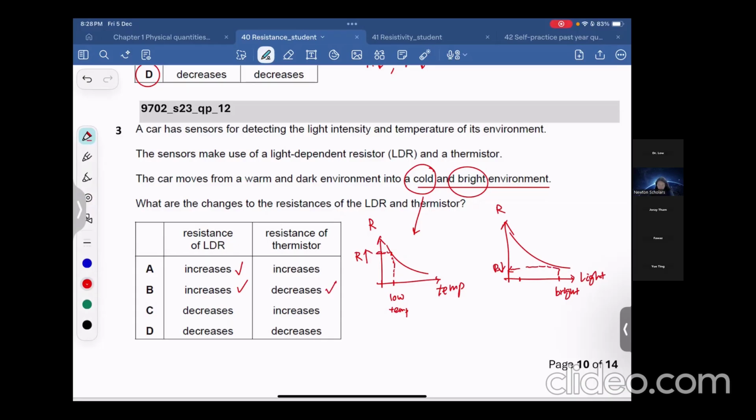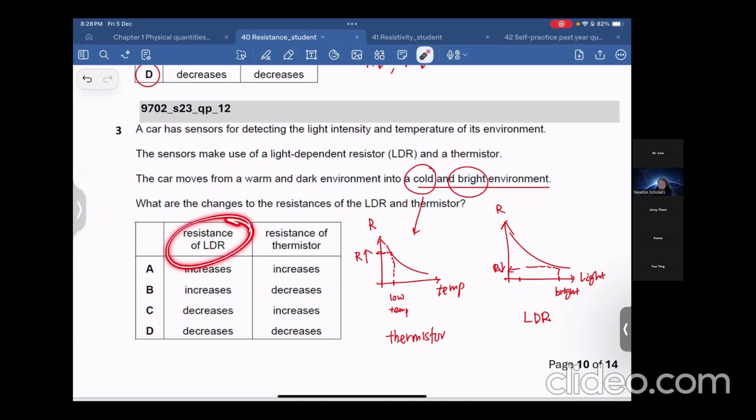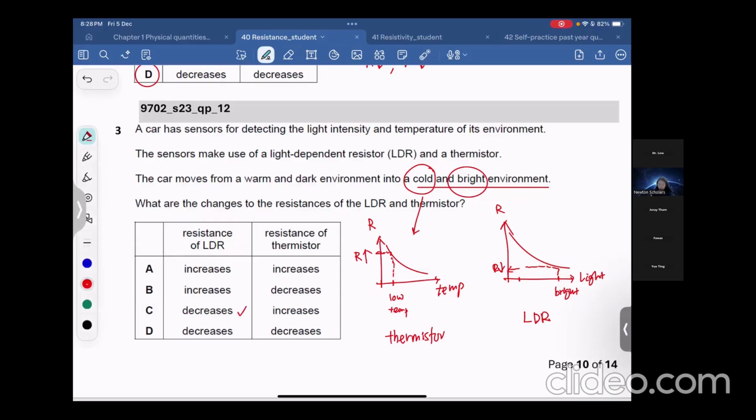Wait. Did I make something wrong? Okay, this one is LDR because light. This one is temperature, is thermistor. I know. Okay, thermistor. Okay, dear. LDR resistance decrease. Thermistor resistance increase.